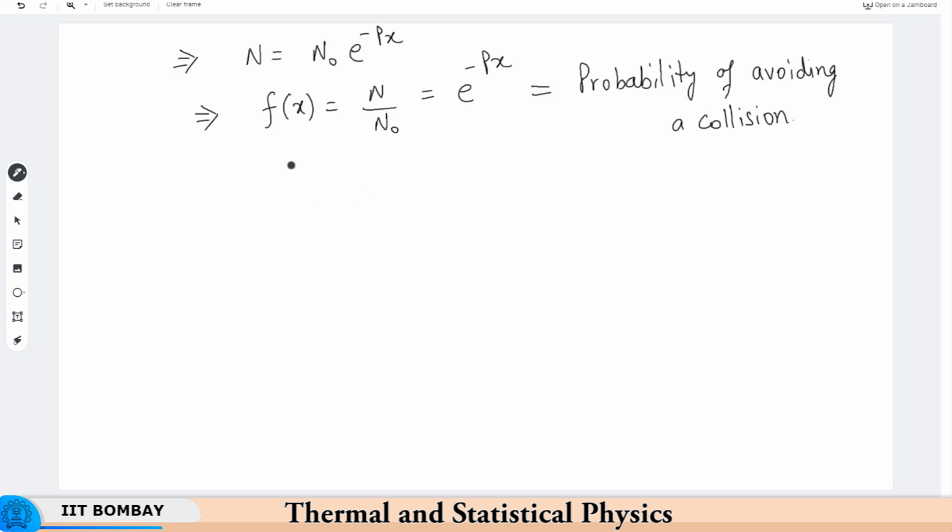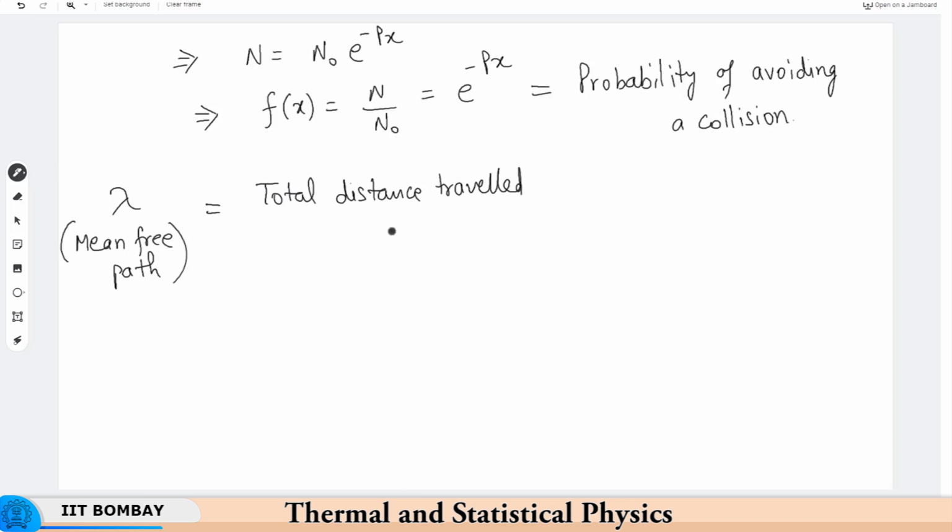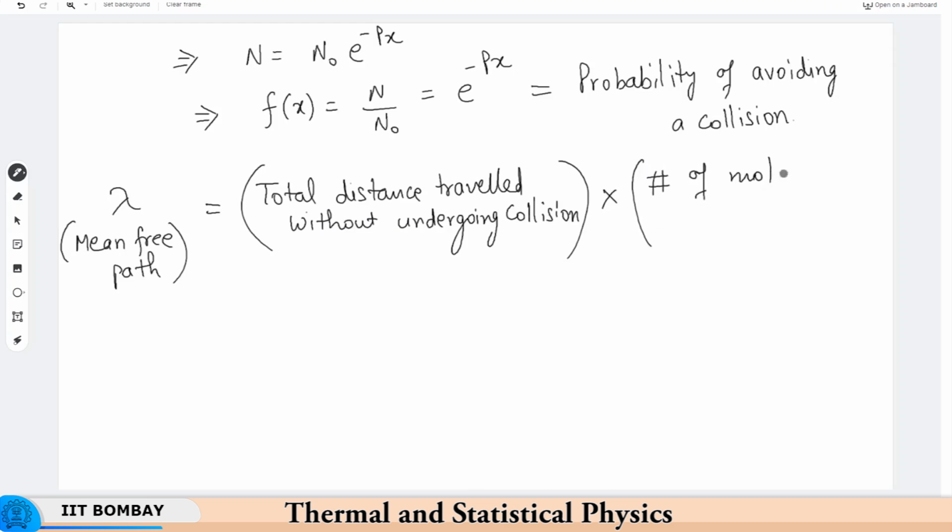But now we will use the definition of mean free path. Remember the way we defined mean free path lambda: it is equal to the total distance travelled without undergoing collision, multiplied by the number of molecules that avoided collision, divided by the total number of gas molecules.